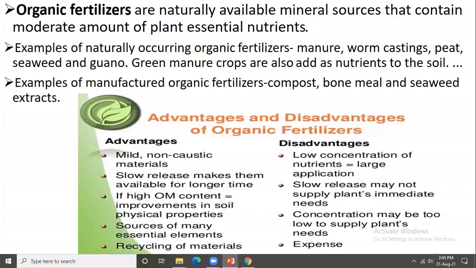Slow release may not supply the plant's immediate needs. Some plants need nutrients immediately, but organic fertilizer cannot release them quickly, so we cannot use it then. With inorganic fertilizer the plant grows quickly, but with organic fertilizer it sometimes dies because it needs the nutrients immediately. The concentration may be too low to supply the plant's needs, and nowadays it is also an expensive system.